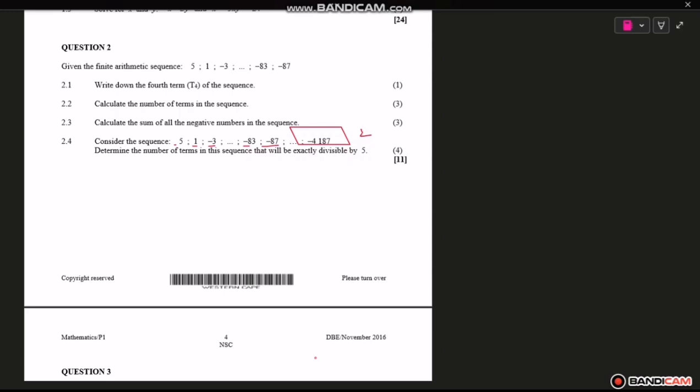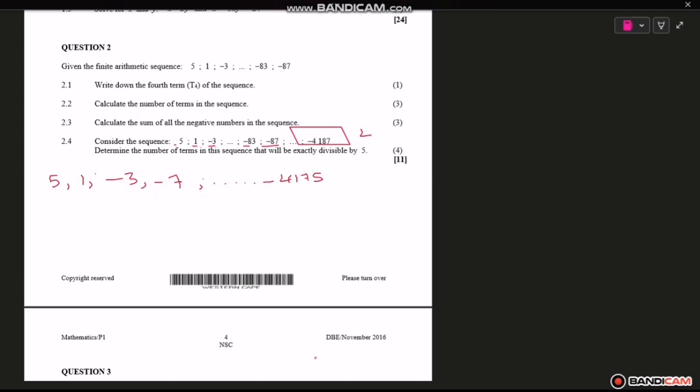So the first thing that we're going to do now, we're going to write our sequence fresh, but we'll show the numbers that are divisible by 5, or the last value that is divisible by 5. We know that the common difference is negative 4, but let me show you this. So 5, 1, we have negative 3, then negative 7, then we put the dots showing that the sequence is continuing, then we have negative 4175, knowing that the common difference is negative 4.